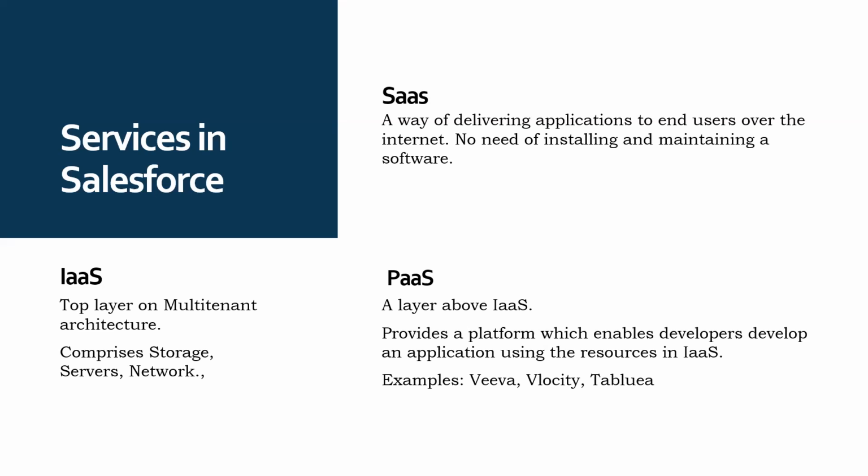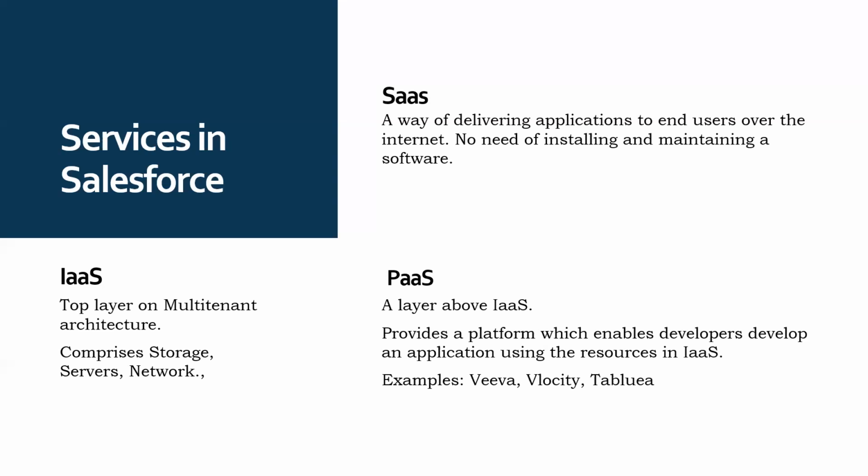Using infrastructure as a service, the things which occupy physical space are provided by Salesforce, and you use that to build your own applications and a lot of other things. That's the first one. The second one is going to be platform as a service.